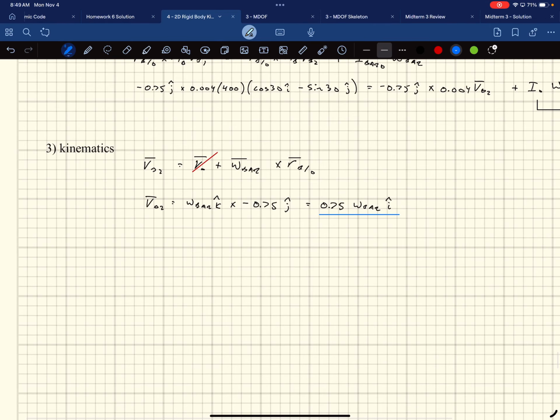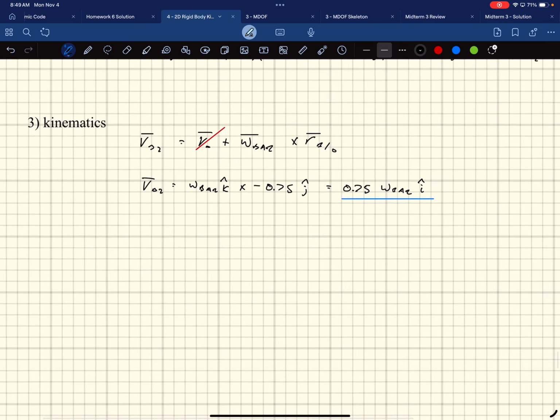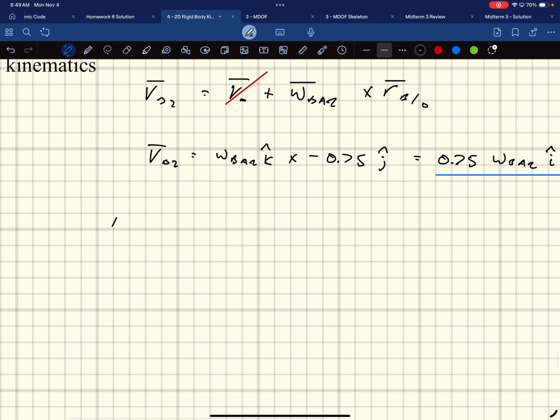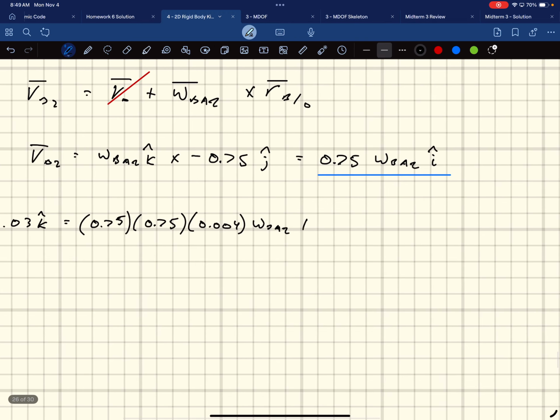We're going to finish, we're going to get it. Let's write it all out now. So now you take that and substitute up above. So 1.03 in the k is equal to 0.75 times 0.75 times 0.004 times omega bar in the k.